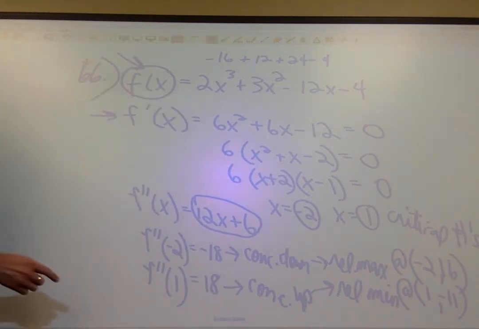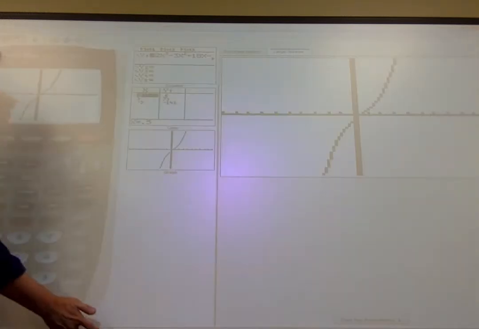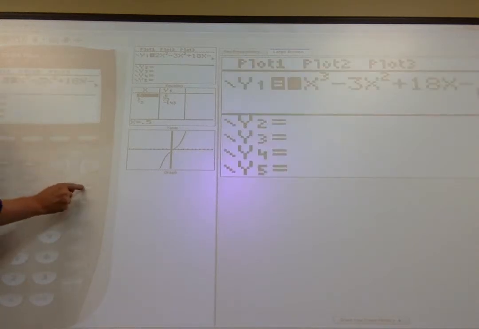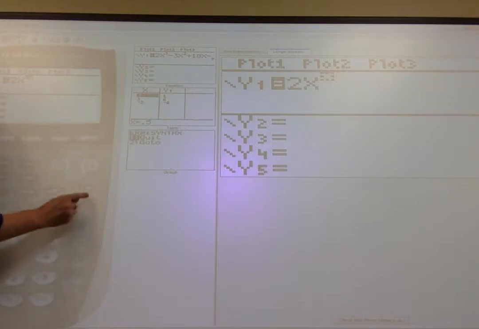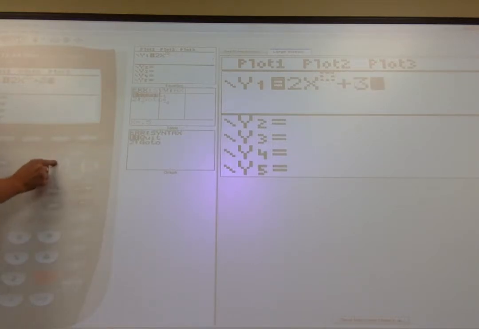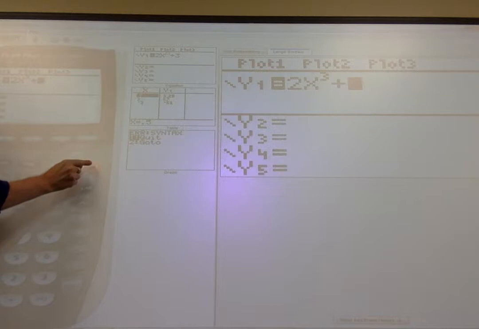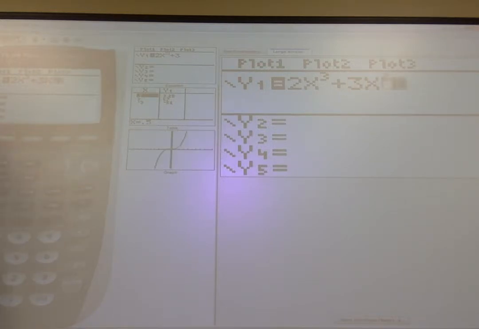If I graph it, 2x cubed plus 3x squared minus 12x minus 4.